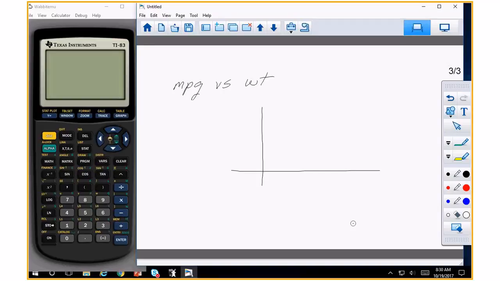Let's say this is the weight of a car: 1,500 pounds, 2,000, 3,000, 4,000. And let's say this is MPG: 10 miles to the gallon, 15 miles to the gallon, 20 miles to the gallon, 25 miles to the gallon, and 30 miles to the gallon. What do you drive?